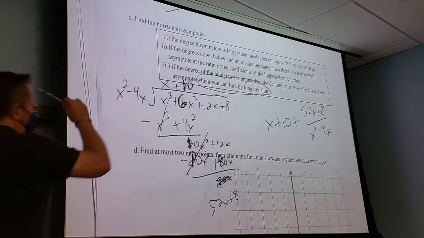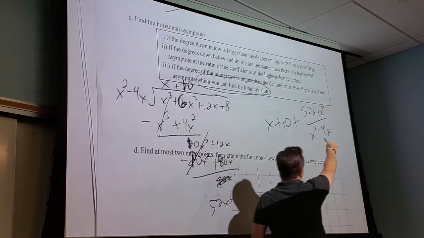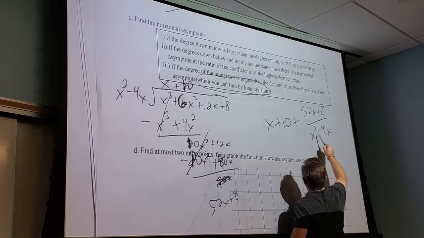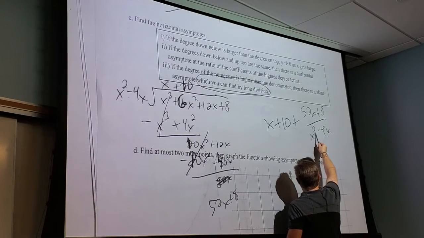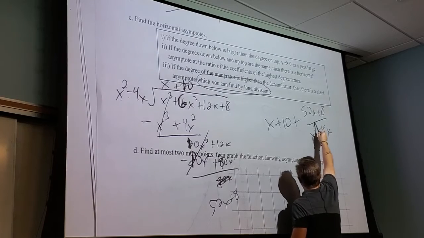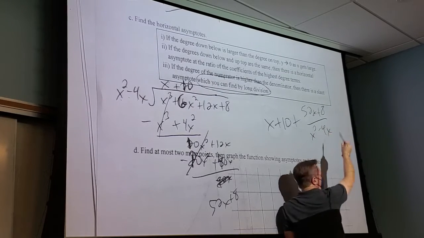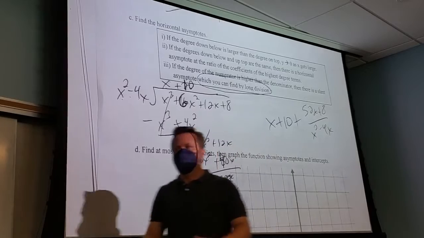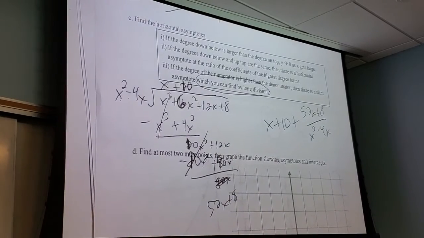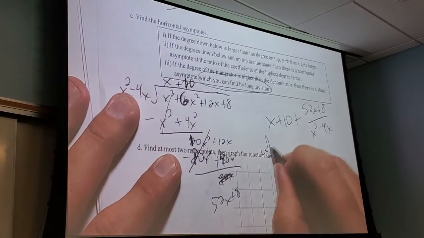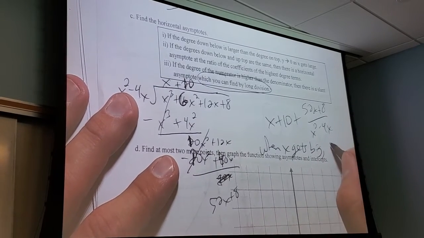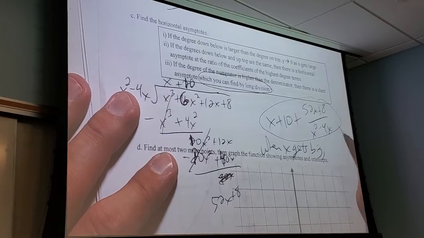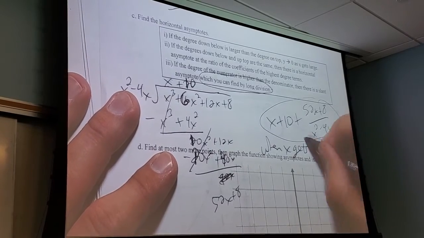Can you guys see what'll happen if I make x get really big here? Isn't the bottom power bigger? If I let x get really big here, this whole thing goes to 0. Do you guys see that? So when x gets big, this becomes x plus 10 because this part goes to 0.